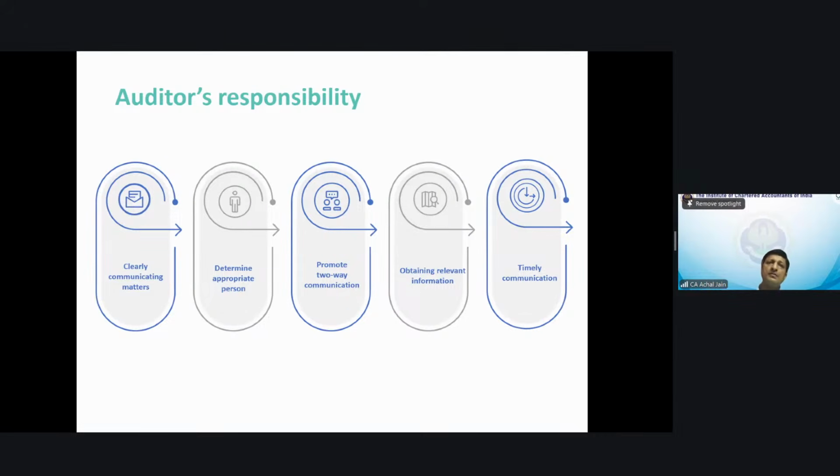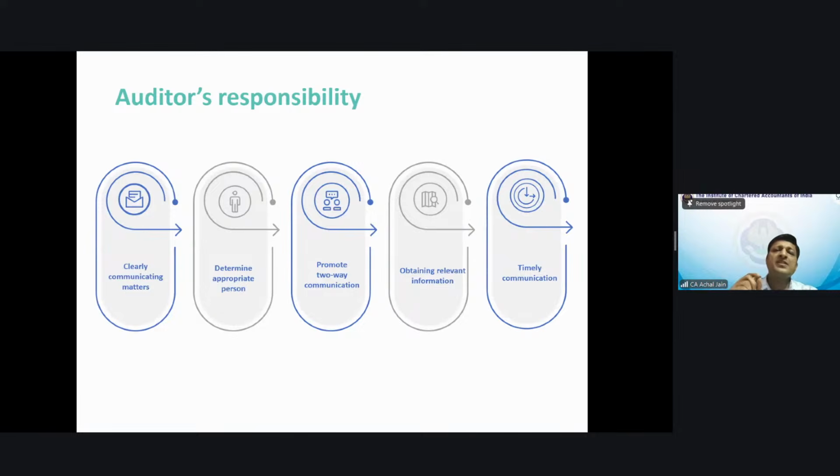Yes or no? Because otherwise, you don't know whether what is happening is in line with what is really required to be done. So that's a very, very important consideration on the part of the auditor as well as TCWG.